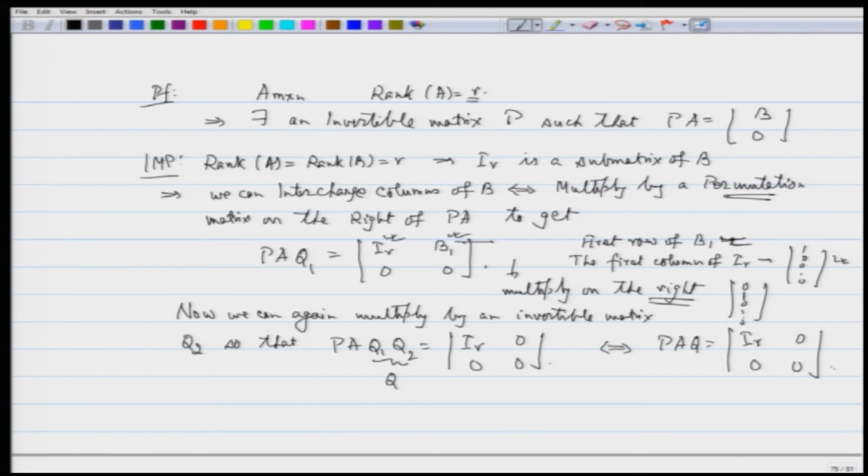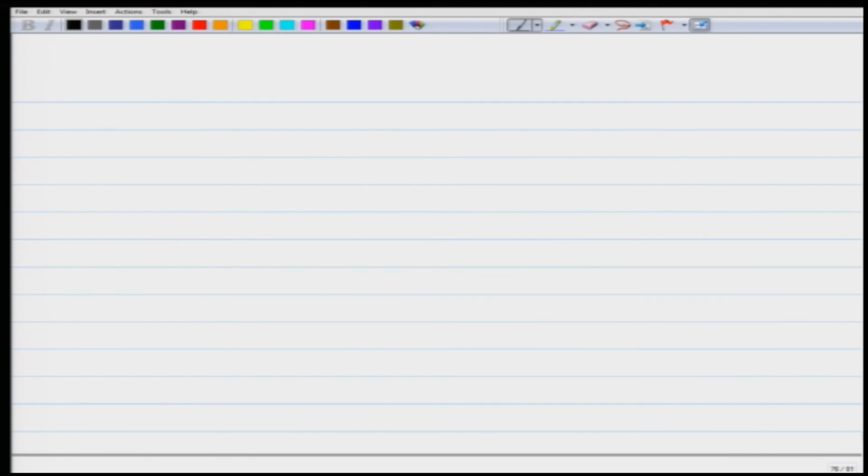So, as a corollary of this, I wrote PAQ as I_R 0 0 0, where R was nothing but rank of A, fine.